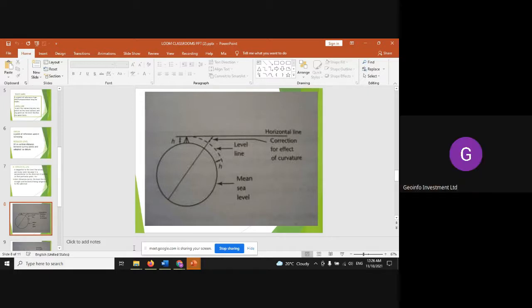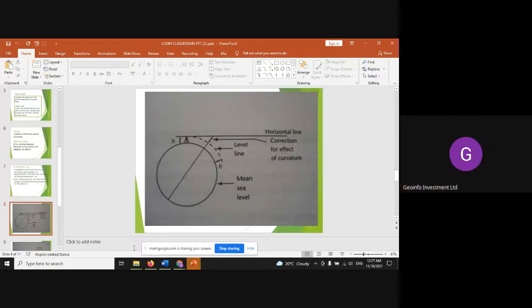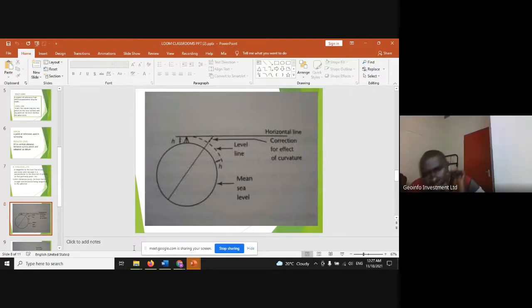Here we are showing a spheroid, and here is the mean sea level, which is 0 meters above sea level. So if you go to Mombasa and you try to measure the height of the ocean, you will get that it's actually 0 meters above sea level.